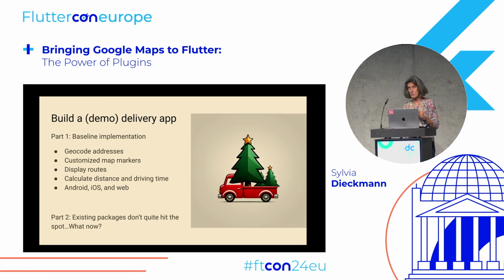I want to display the routes. I want to calculate distance and driving time. I only talk about that in passing. But the kicker is I want to have all of this in Android, iOS, and the web. So that is part one. And then in part two, I'll briefly talk about what we can do when things don't quite work out as expected, and we have to think a little beyond the packages that are out there.